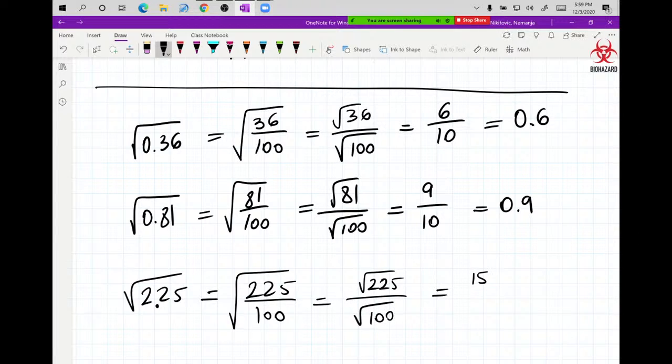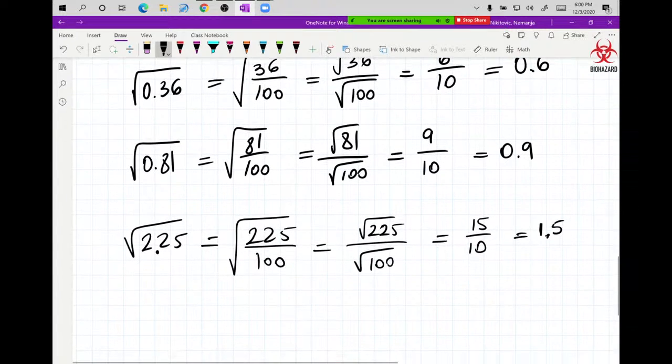And that's 15 over 10, which is 1.5 as the answer. You could have canceled by 5, right, and get 3 halves. That's another possible answer for this. So you can write it as 3 halves. You can write it as 1.5. It's all good.